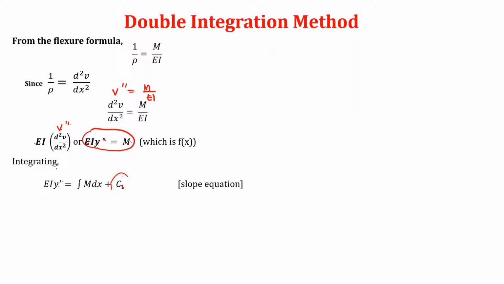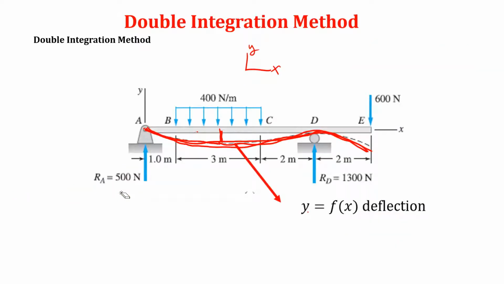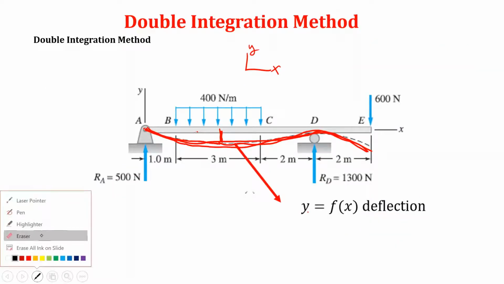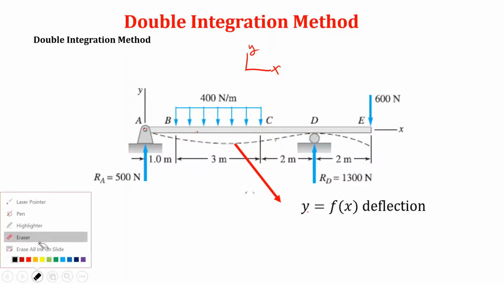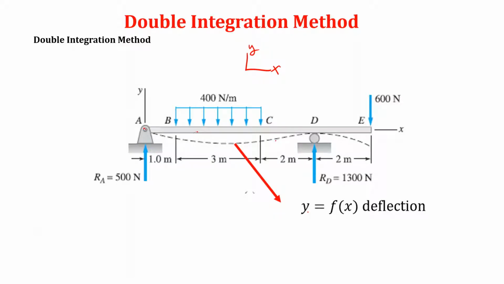Okay? And this, guys, is basically the slope equation. So, if we are asked about the slope at a particular location in the beam, we can use this one because this is the slope equation. Let's go back to the figure. This is the curvature of the beam.